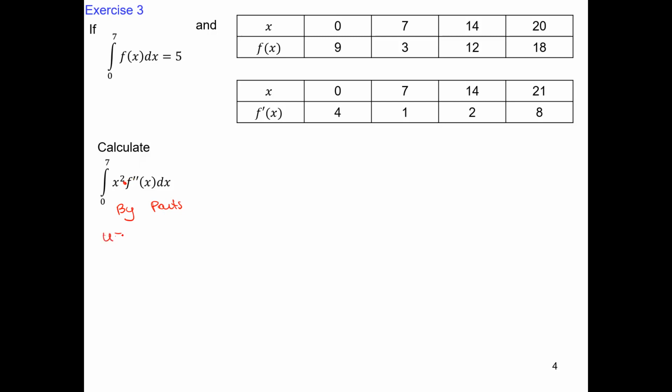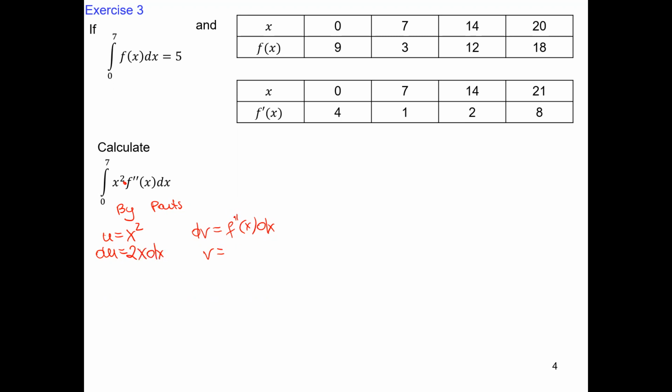Okay, u, du, dv, and v. We know that algebraic functions are perfect to be placed for u, and since we will be anti-differentiating, this is the perfect distribution of u and dv. Derivative of x squared is 2x dx.